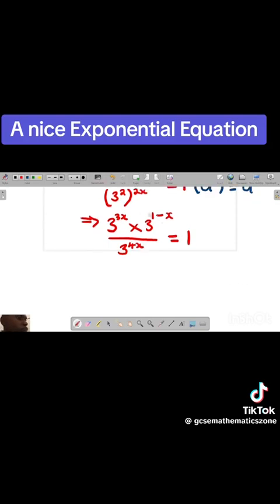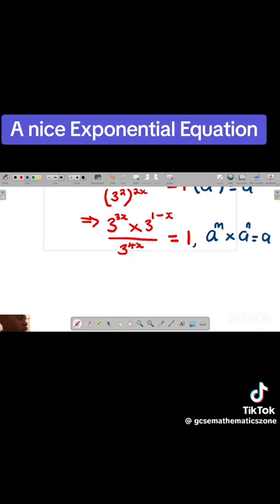Again, when you reach this stage, by the laws of indices, if you have the base a raised to the power m being multiplied by the same base a raised to the power n, then you have the same base a raised to the powers added.